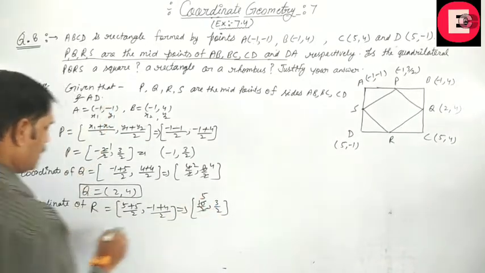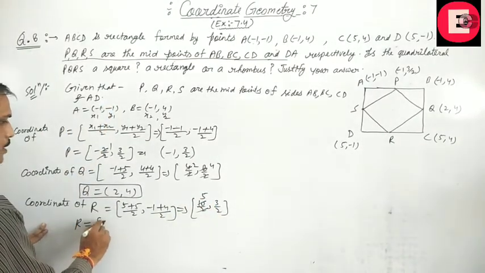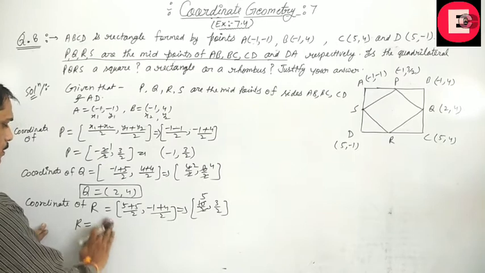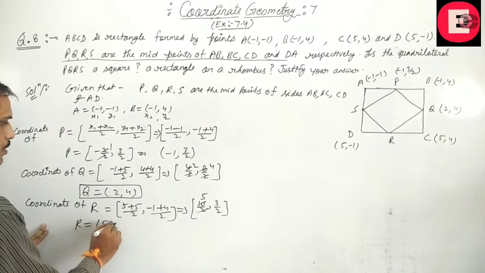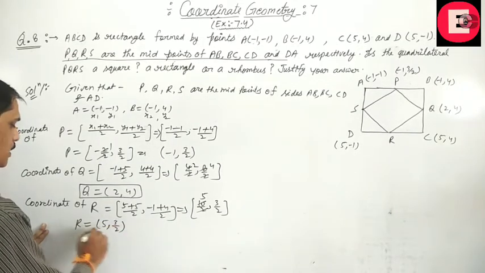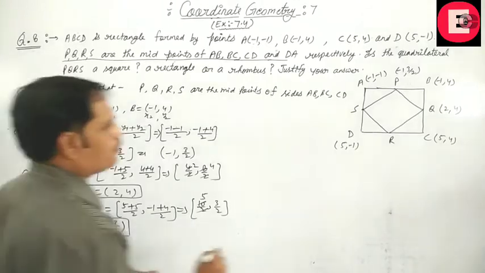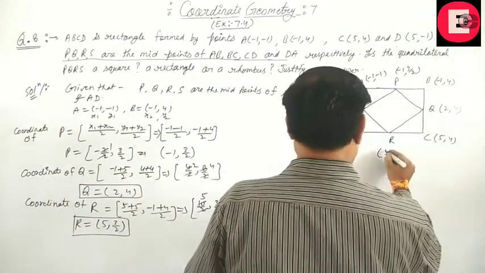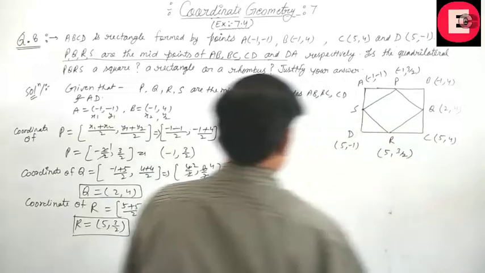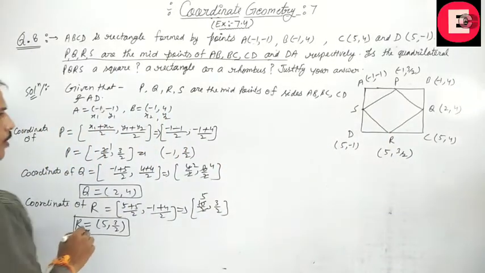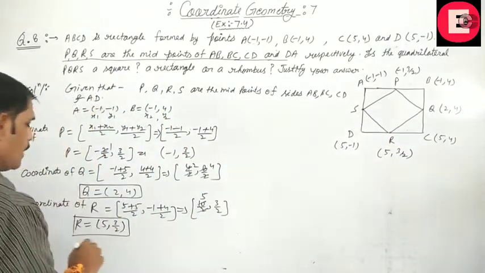This will be cancelled. So the coordinate of R is equal to (5, 3/2).